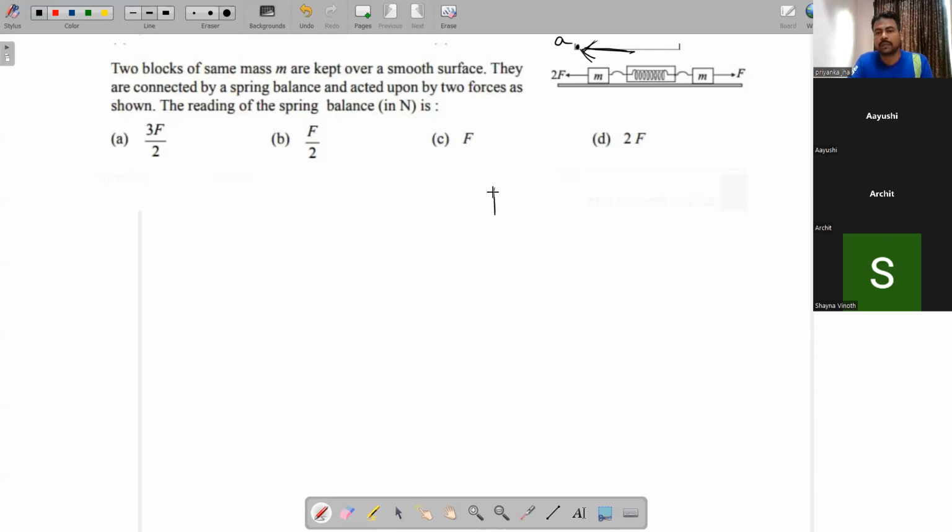Now if you draw the free body diagram of this block, you'll have 2F towards left, normal from earth up, mg due to gravity down, and because there will be extension in the spring, the spring will pull it like this. No need to find the extension, just the spring force, Fs.